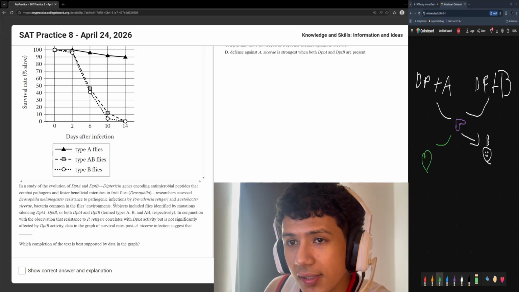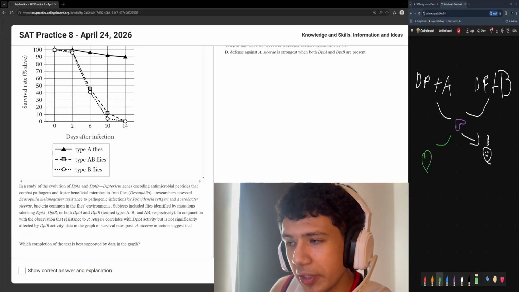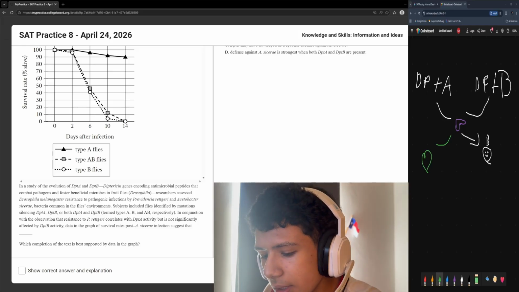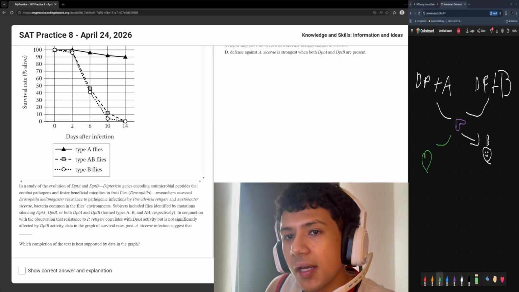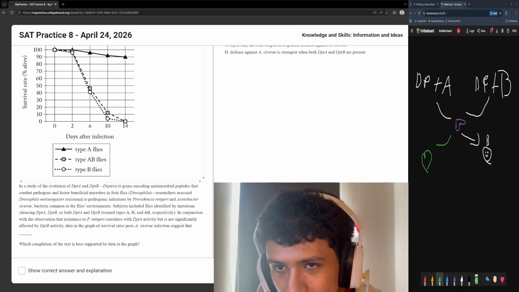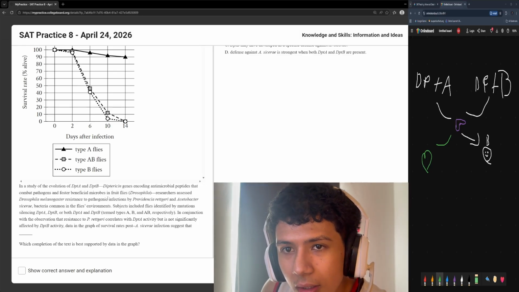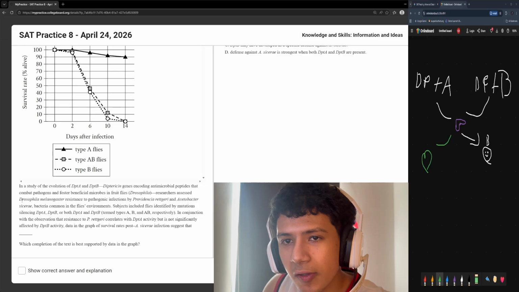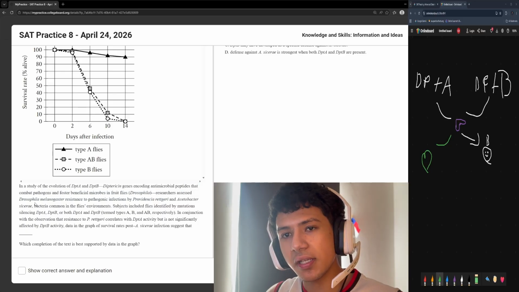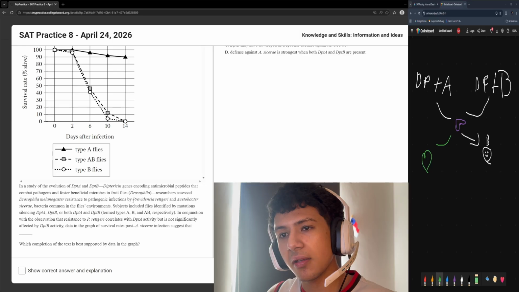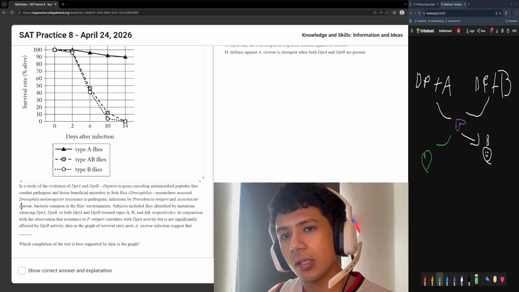Resistance, so they assessed, basically tested how resistant they were. They assessed the resistance of DM to pathogenic. Researchers assessed DM resistance to pathogenic infections by PRNAS.